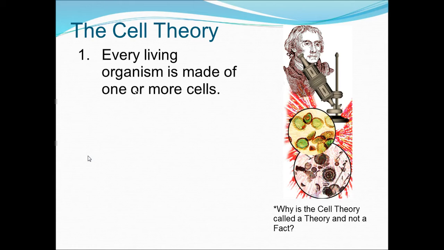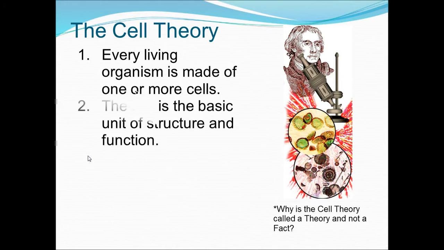The first part of the cell theory is that every living organism is made of one or more cells. Everything that's alive must be made of cells. Remember, we learned that way back at the beginning of the school year when we were talking about the characteristics of living things. Second part is that the cell is the basic unit of structure and function. So this is how every living thing is organized.